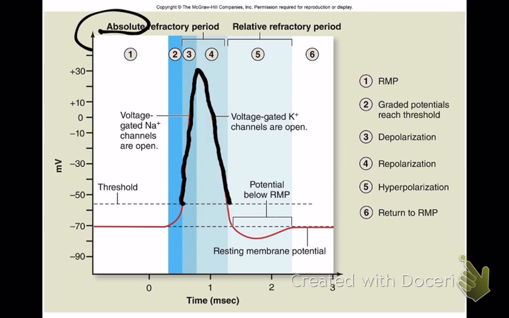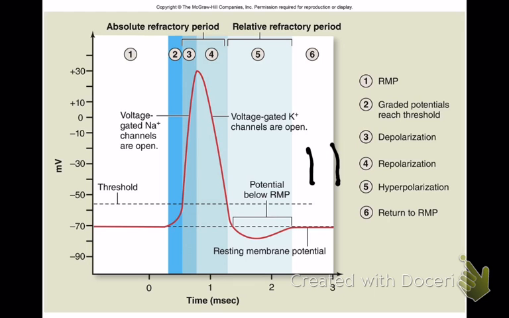What's happening here? It's what we call the relative refractory period, which means you could re-stimulate it, but it's going to take a stronger than typical threshold stimulus. All right, so let's see what's going on here. Are my activation gates closed and inactivation open? Yes. Okay, so could I re-stimulate it?